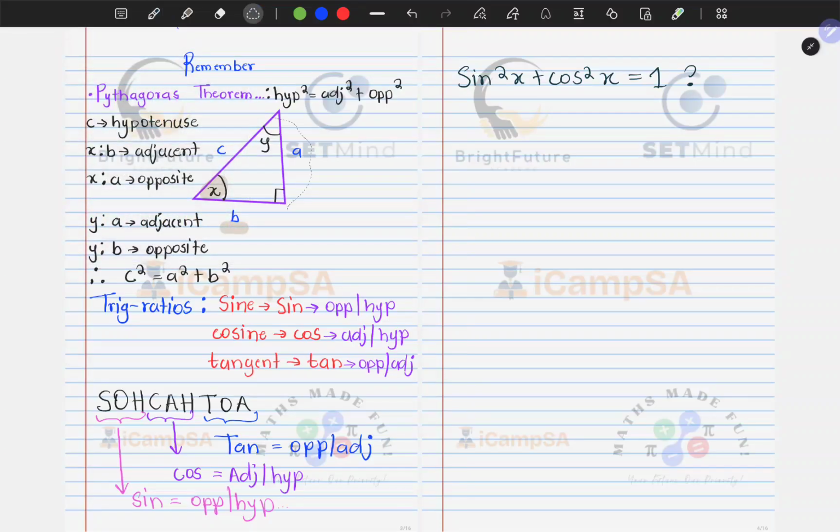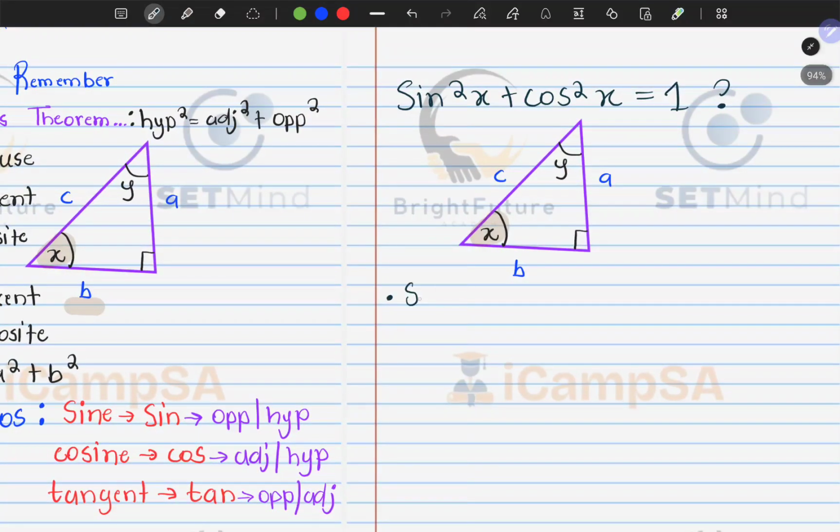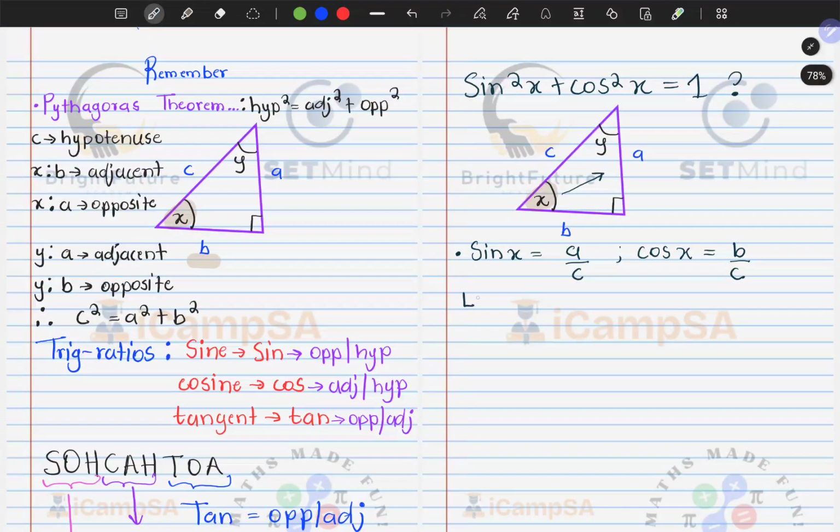If you look at this triangle, sine of x is simply equal to a over c, which is our hypotenuse, since sine is opposite over hypotenuse. And then cos of x is equal to b divided by c. So what we are now going to do is to focus on the left hand side.